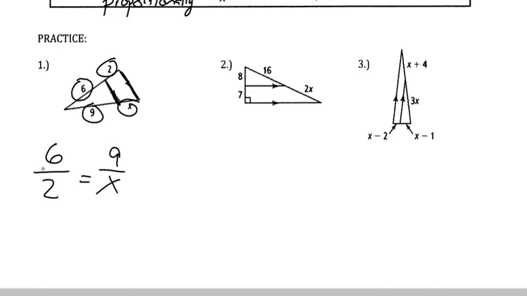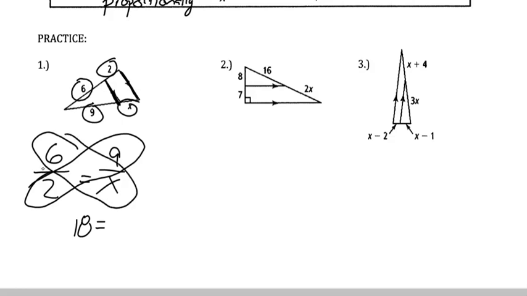And now that we've set it up, we can actually go ahead and solve it. 2 times 9 is 18. 6 times x equals 6x. And then when we solve, you get x equals 3. As I said, this could have been set up a different way as well. This also could have been 9 over 6 equals 2 over x, and you would have gotten the same exact answer.